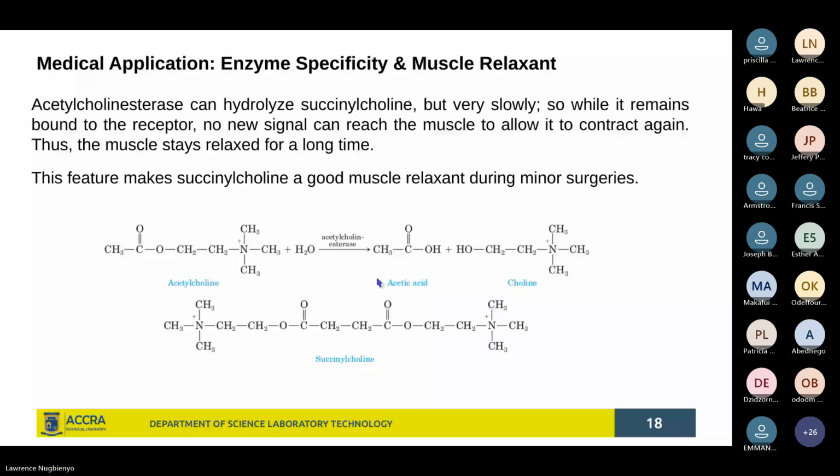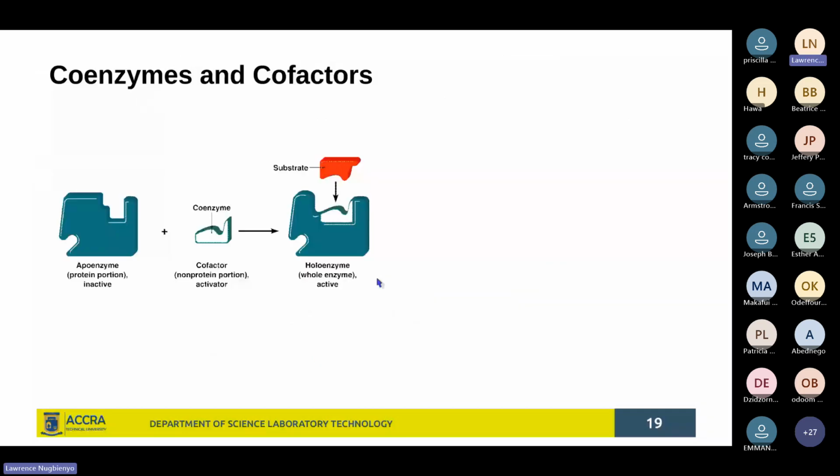All right, now we'll continue with coenzymes and cofactors, just some fundamental knowledge of it, as you see on your screen. The term which we looked at, apoenzyme.